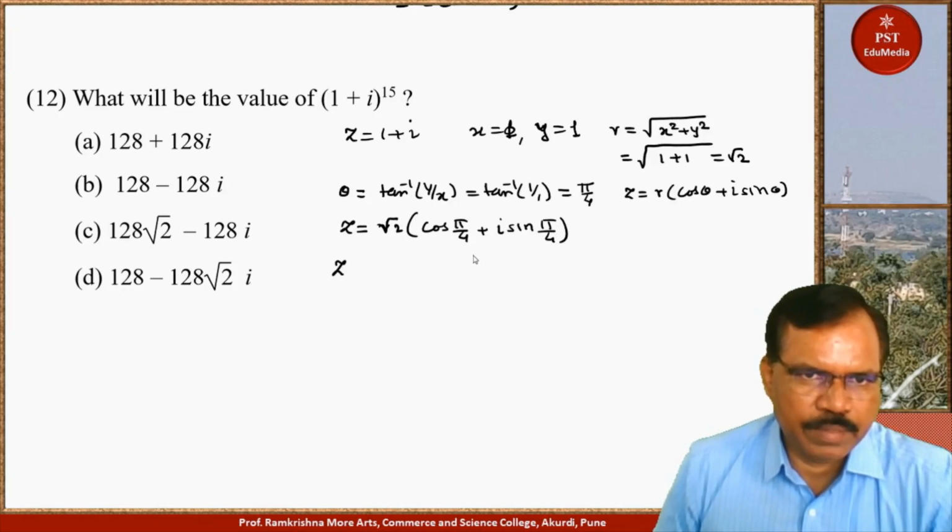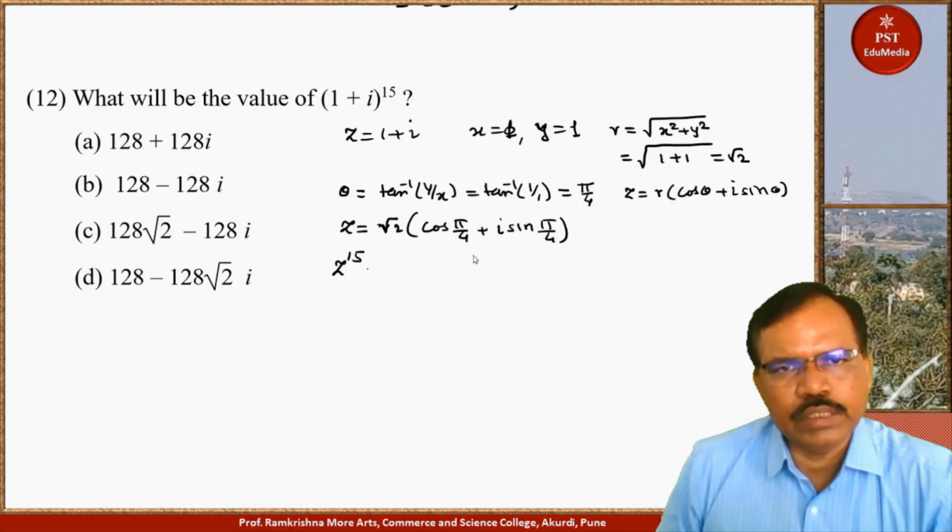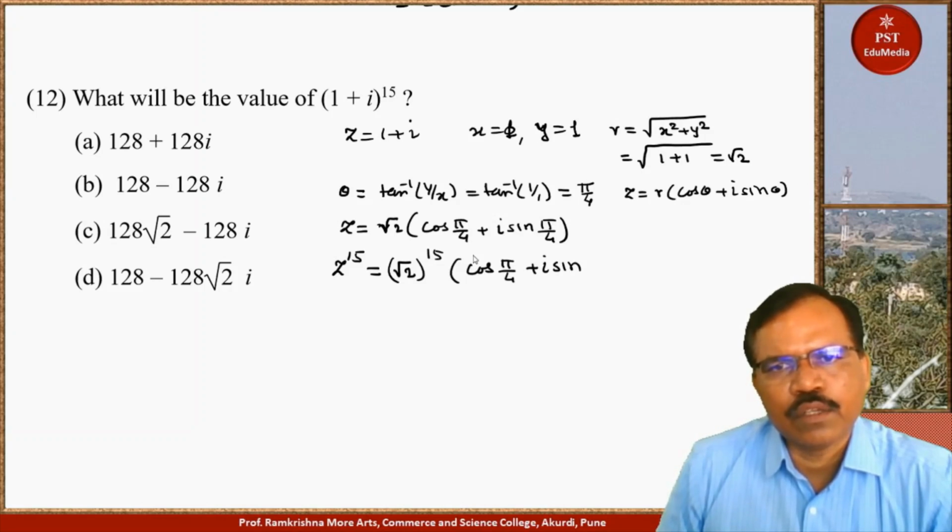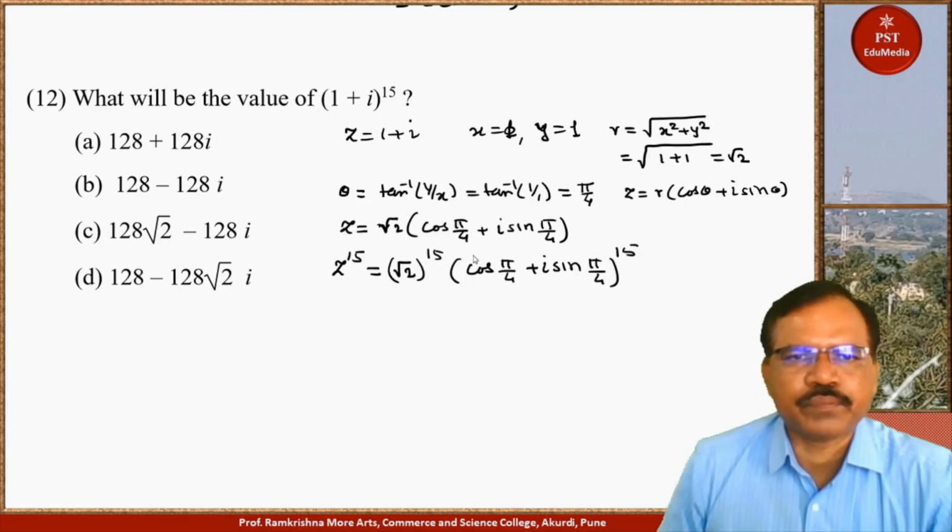Then we have to take the 15th power. So z raised to 15, that is root 2 raised to 15 into cos pi by 4 plus i sin pi by 4 raised to 15.